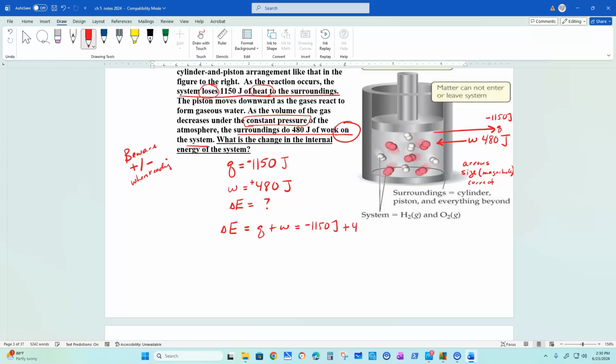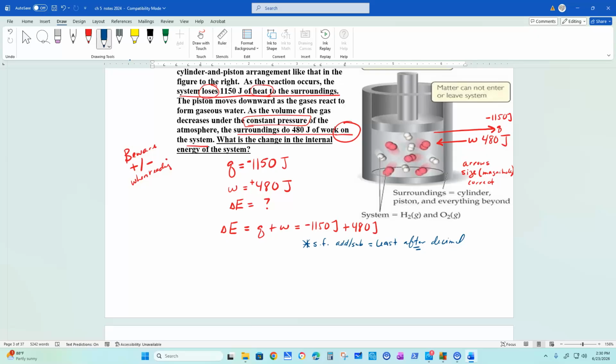The only thing I want to make sure of, a little note on sig figs: when you are adding or subtracting, remember it's the least after the decimal, not before. Because neither of these has anything after the decimal, I'm going to plug in negative 1150 plus 480.